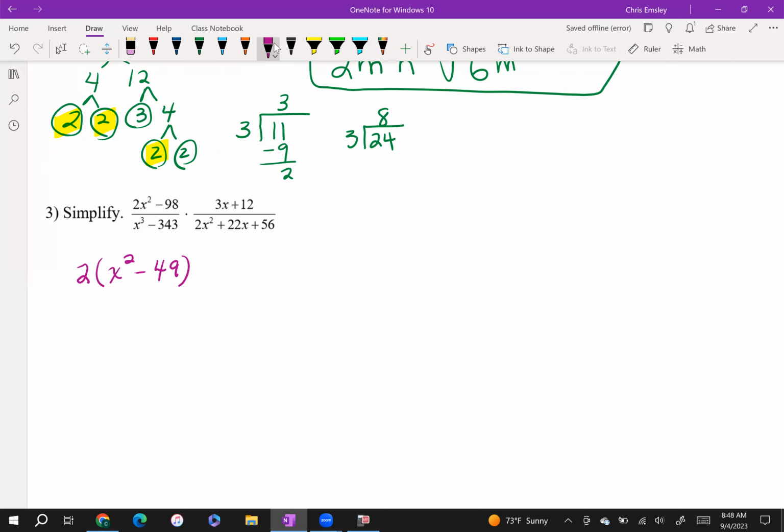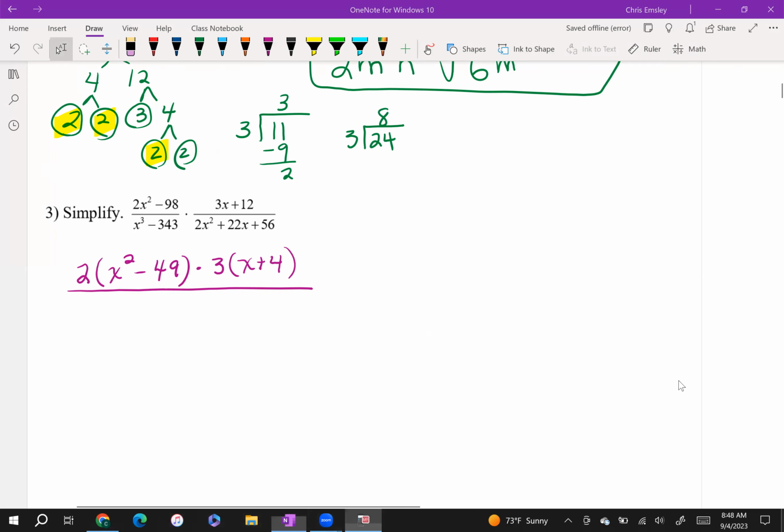I'm just going to go ahead and work my way across the top. I can factor that next expression also. 3 can be pulled out. I have x plus 4 left behind. And then we'll work on that denominator. X cubed minus 343. X cubed with two terms makes me think of a difference of cubes. Let's see, is 343 a perfect cube?